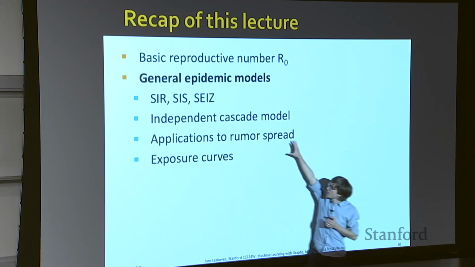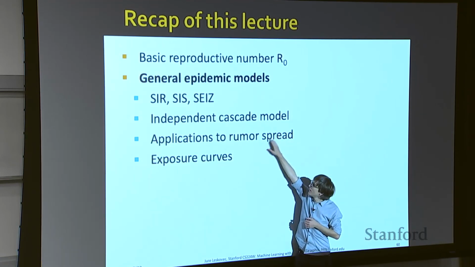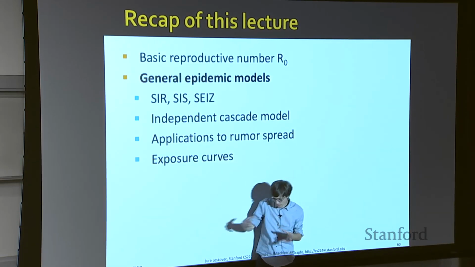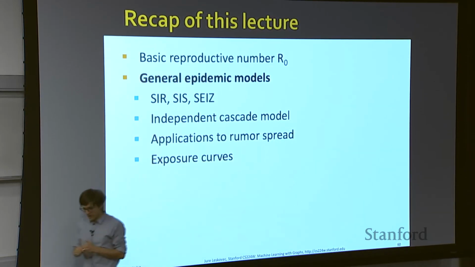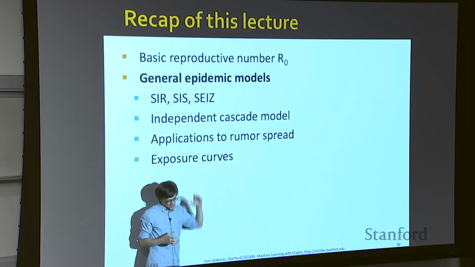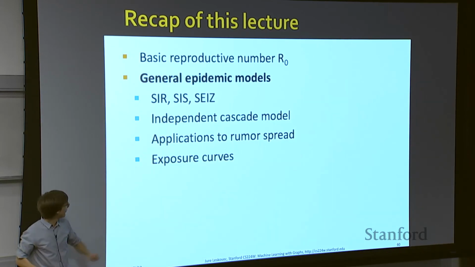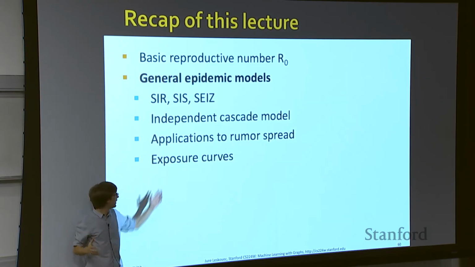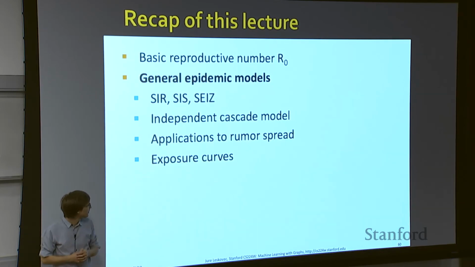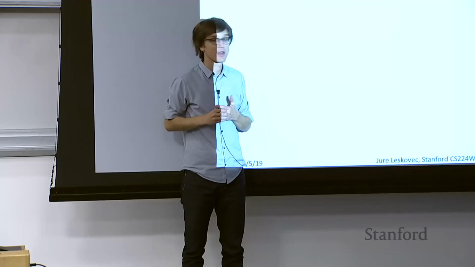And then we talked about the independent cascade model and its application to rumor spreading. And then we also talked about this notion of the exposure curve and how the number of exposures relates to probability of infection. And then we looked at the case study of application of this concept to Twitter to try to measure the exposure curves and characterize them.